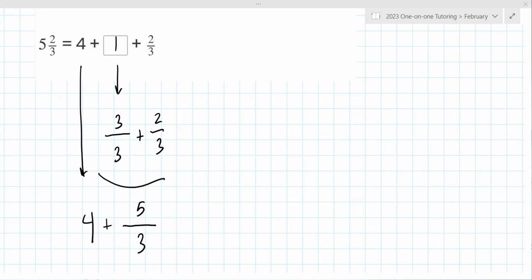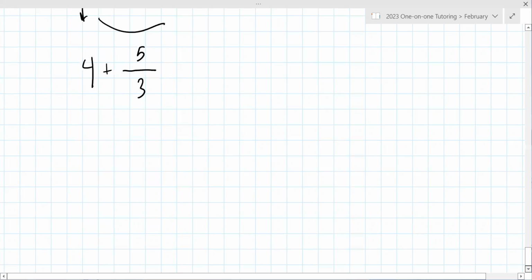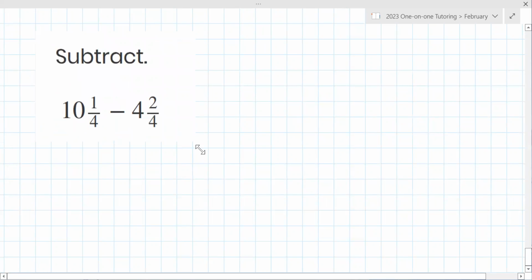Trying to find some new problems here for us to work on. Okay, here is a new problem for us to work on. So this is 10 and 1/4 minus 4 and 2/4.